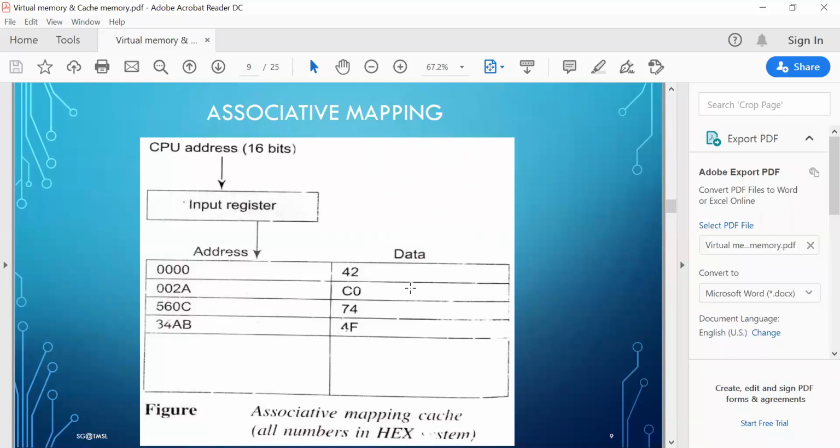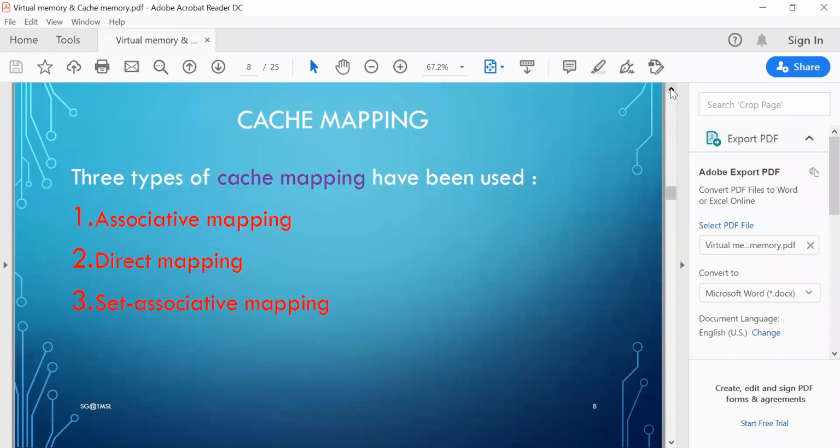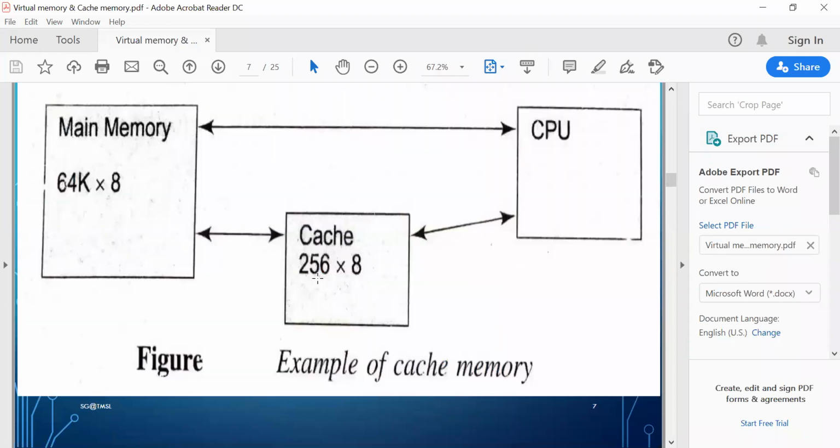And in this example, what happened? The cache memory can store 256 words as per the previous slide. Here, the cache memory can store a maximum of 256 words out of the 64 kilobyte words from the main memory.